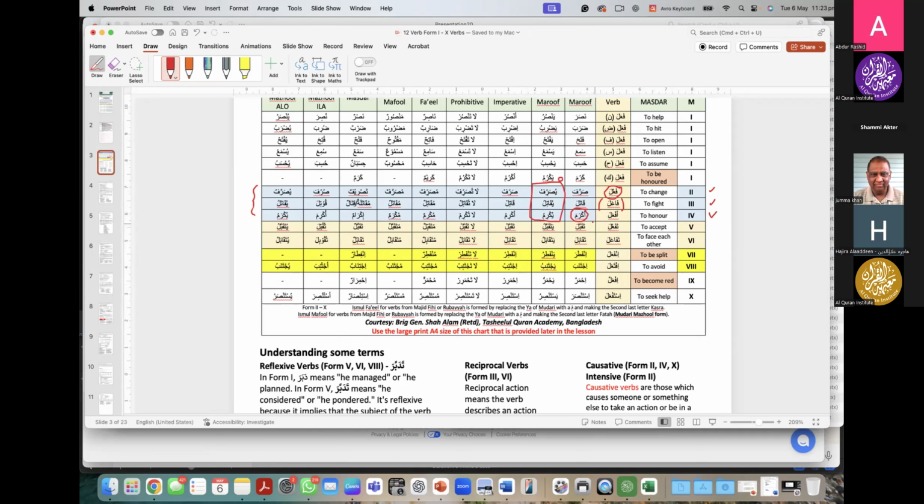Then these two, 5 and 6, are in one color. It is all coming from fa'ala, and ta is added, and it is also matching with 2 and 5, 3 and 6. 2 is fa'ala, 5 is tafa'ala; 3 is fa'ala and 6 is tafa'ala. Okay, that's why they are highlighted like this. Infa'ala and ifta'ala, they're in yellow color, they're unique on their own, no exact similarity, but these two have 2 extra letters added.